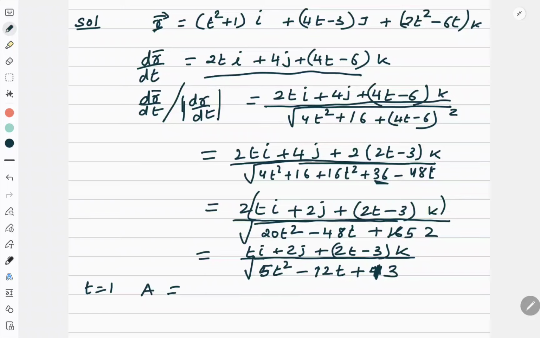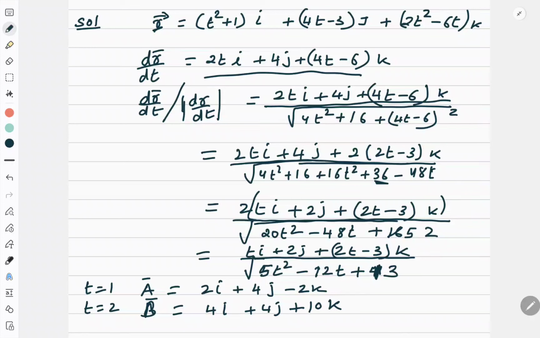So when I put t is equal to 1, what I'll get? 2i plus 4j minus 2k. At t is equal to 2, this will be b. I am just naming it. So it will be, if I am putting 2, 4i plus 4j plus 10k.